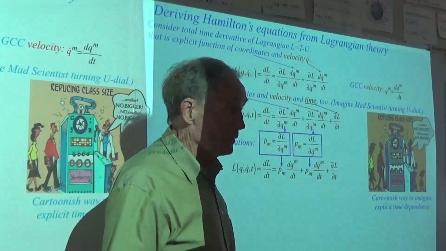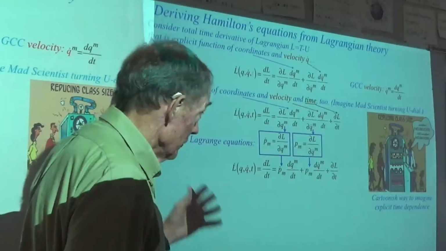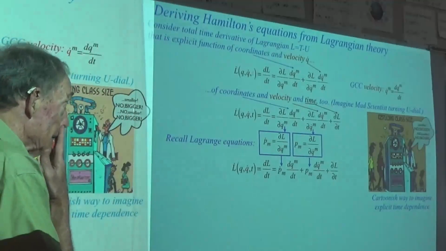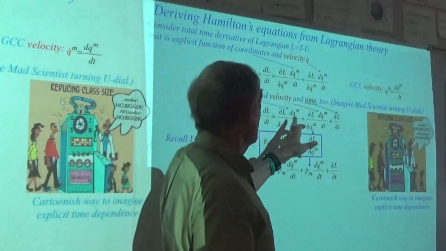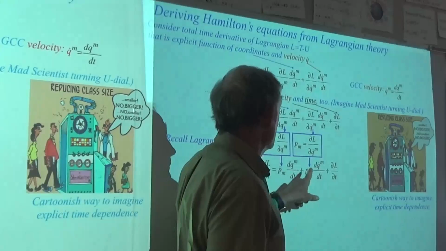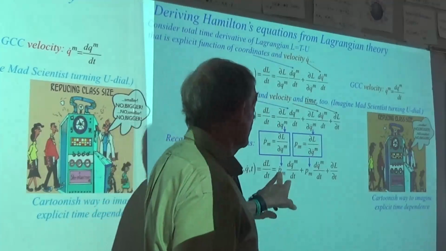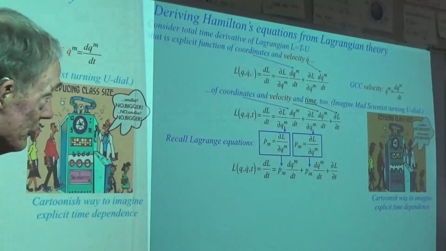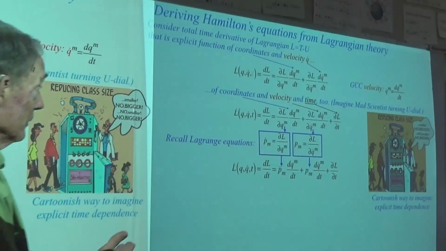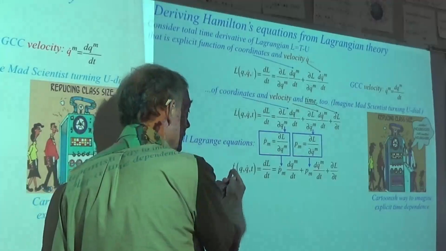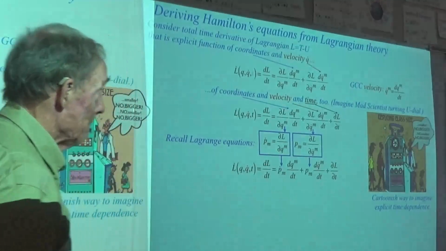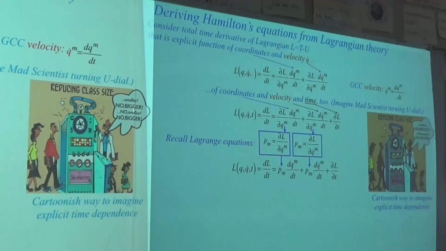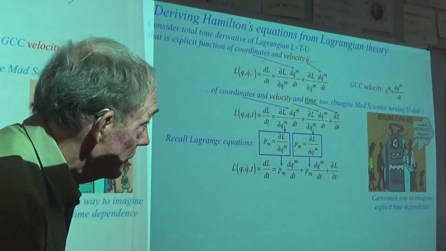Easy way to remember the Lagrange equations. But here we use them in order and replace this coefficient of the chain rule with the P and the P dot. First the P dot and then the Q. Okay. So that's giving us now the total time derivative of our Lagrangian.